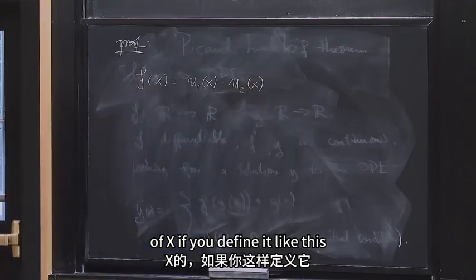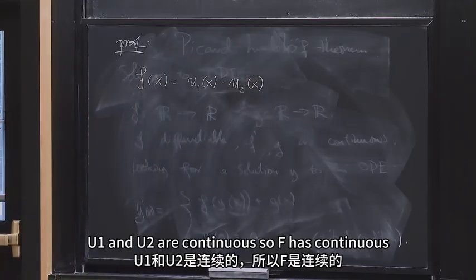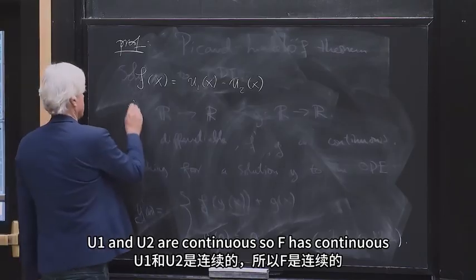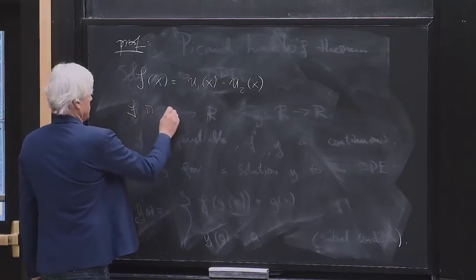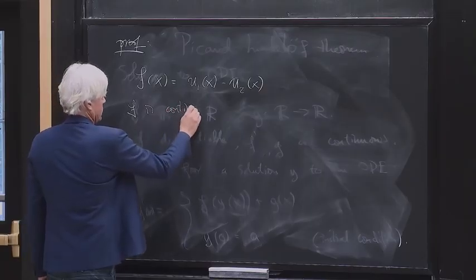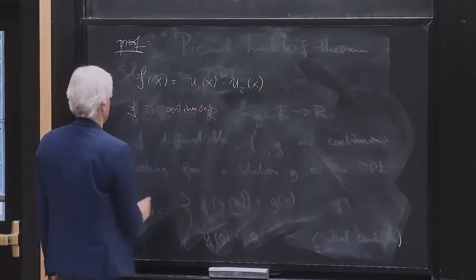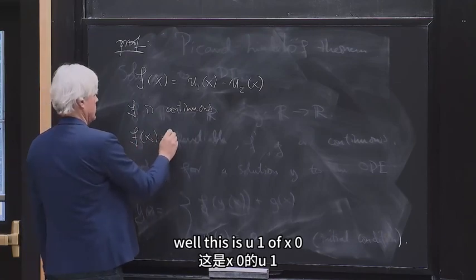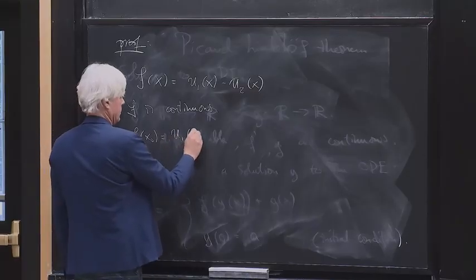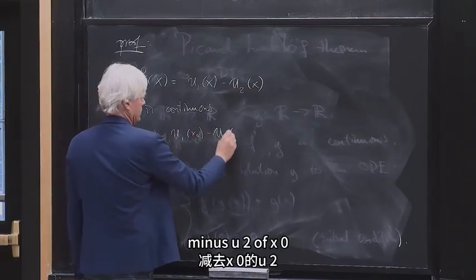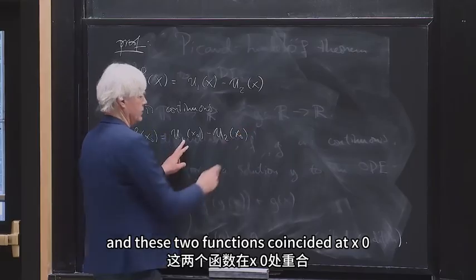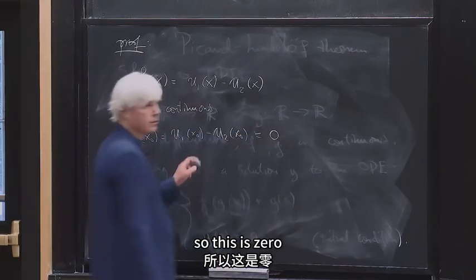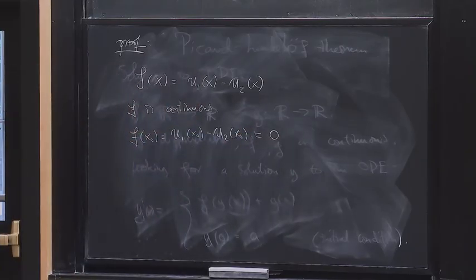Since u1 and u2 are continuous, f is continuous. You also have that f of x0 is u1 of x0 minus u2 of x0, and these two functions coincide at x0, so this is 0.